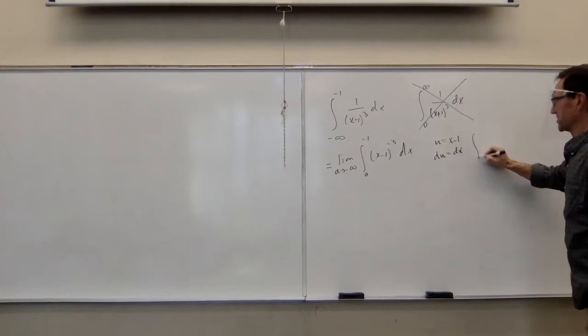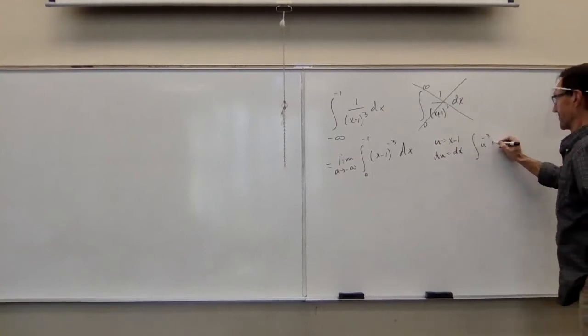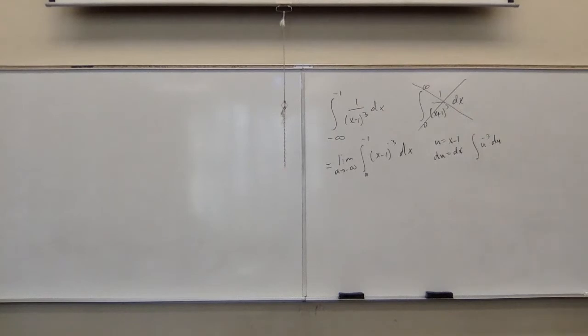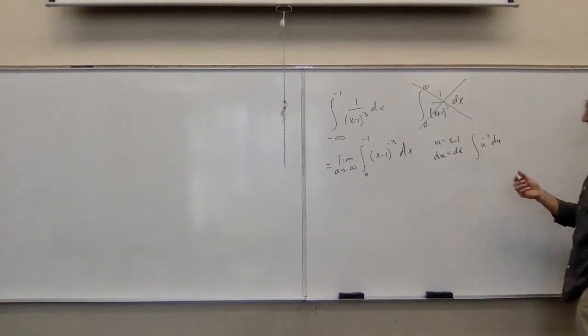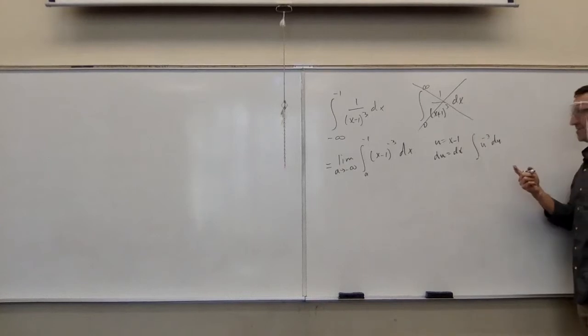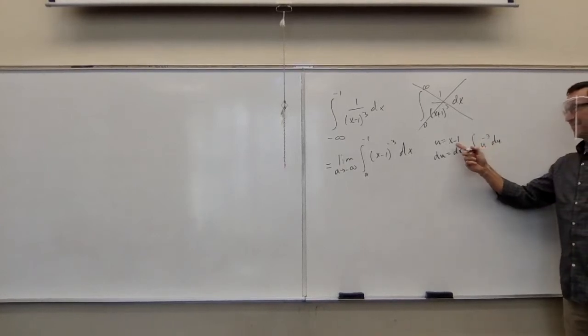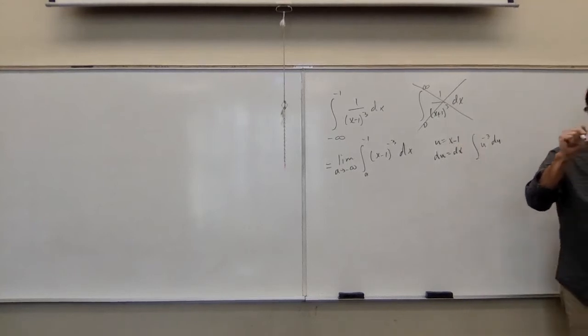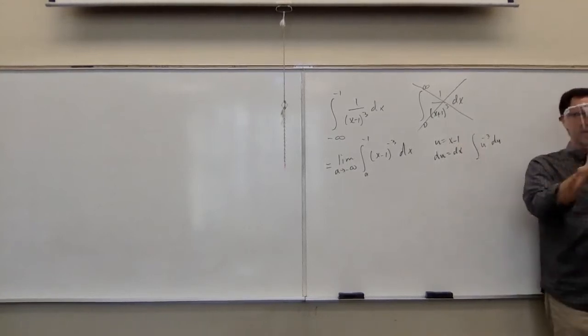See, if I substitute for that, then I just have u to the minus 3. Which is an obvious antiderivative. Raise the power divided by the power. Because the derivative of the inside function is 1, there's no constants to bounce around.